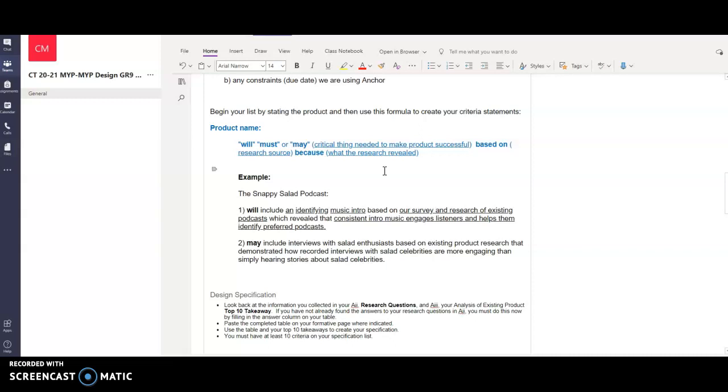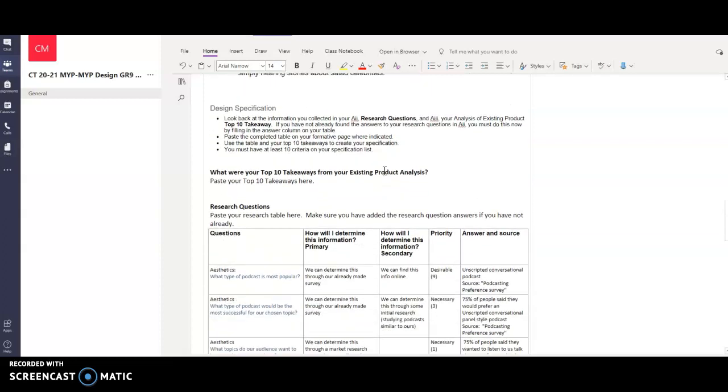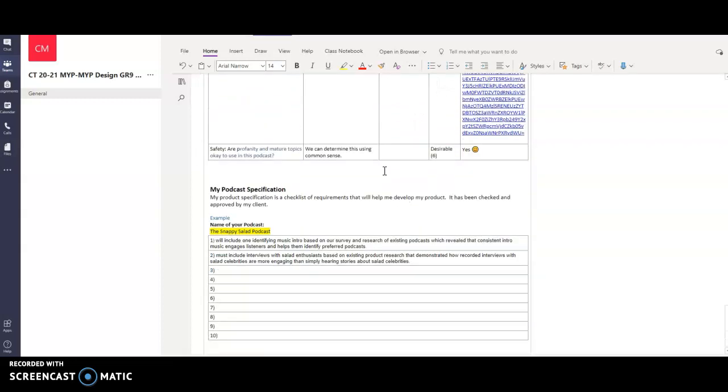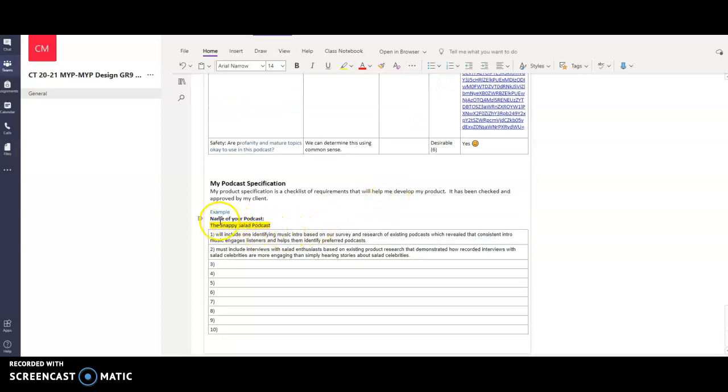Now, one thing that I have changed that I think will make this not as repetitive and cut out a few words for you, and I like how this reads: I always look at how engineers create their criteria. Sometimes they create tables like this, and instead of stating their product name over and over again with each of these criteria, they will just put it at the top of the table, like this, the Snappy Podcast.